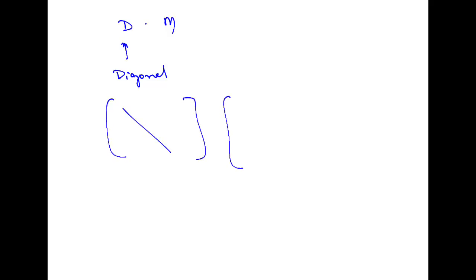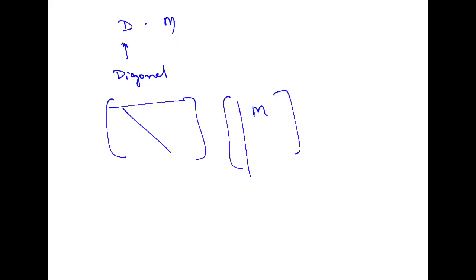D into matrix M. What does it do if it's a diagonal matrix? Scaling each column by the D I, right? So what will happen? You multiply this with this, you get the first column.